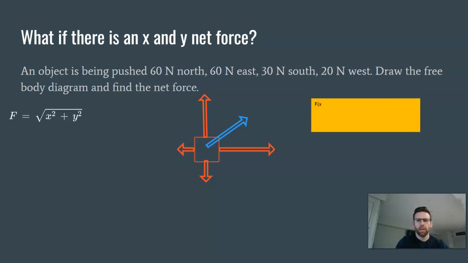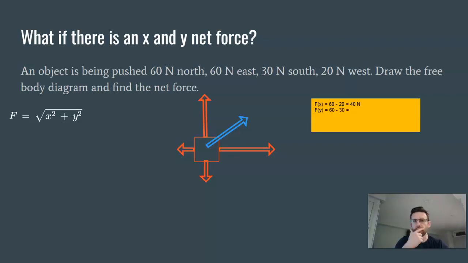Just like last one, we'll do net force in the x. Well, we have 60 to the east minus 20 to the west, so 40 newtons. That one's actually the same as the last problem. But as you can see, we have a net force in the y direction now. We have 60 to the north and 30 to the south.